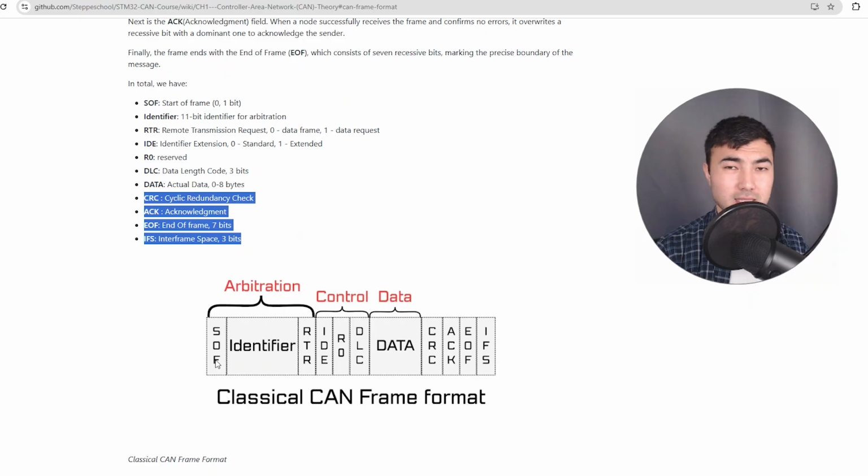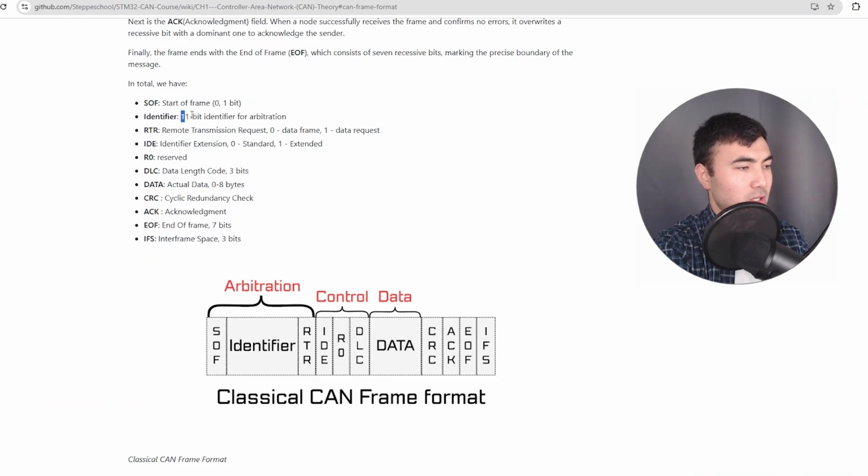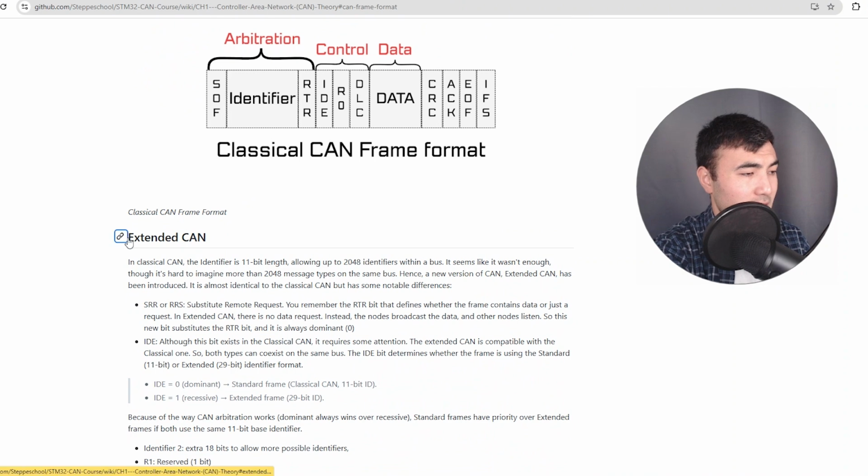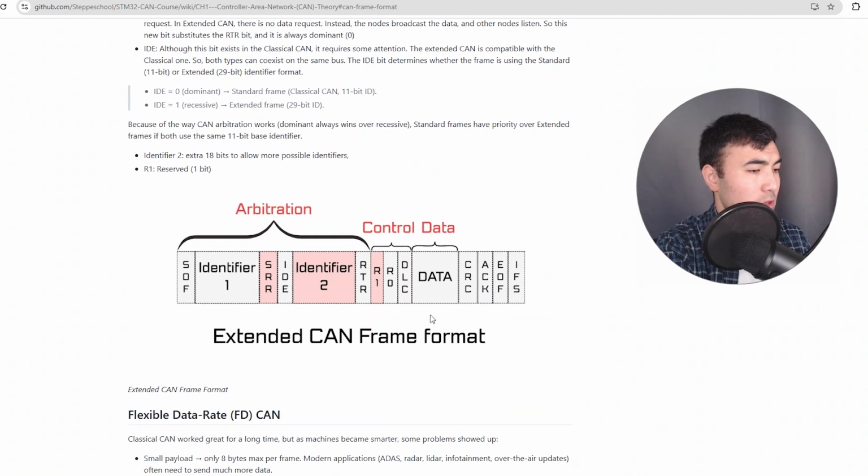But as I said before, the CAN interface was designed in the 1980s, 1990s. At that time, I guess 11 bits was enough for the arbitration, but technology has been becoming more and more complex, so 11 bits was not enough. That's why extended CAN was introduced later. In extended CAN, the frame format looks like this.